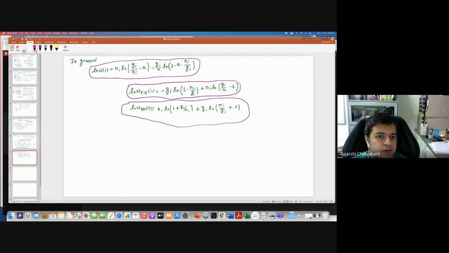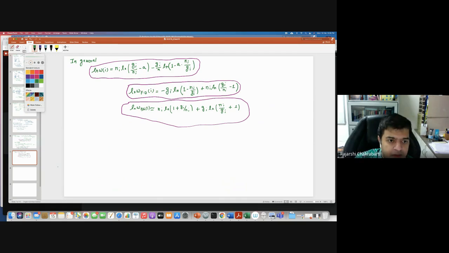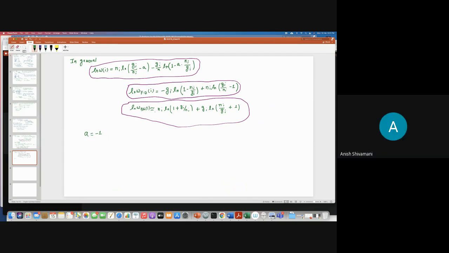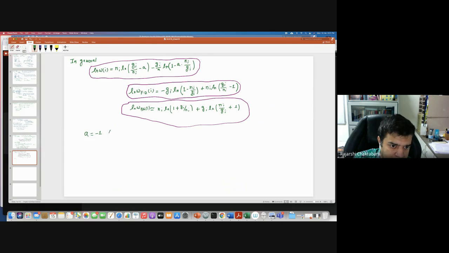Now, can you tell me what will happen here? If I compare this, if A is -1, what do I get? If I put A equal to -1, have a look. Bose-Einstein. Yeah, I'll get B. And if A equal to 1, what do I get?